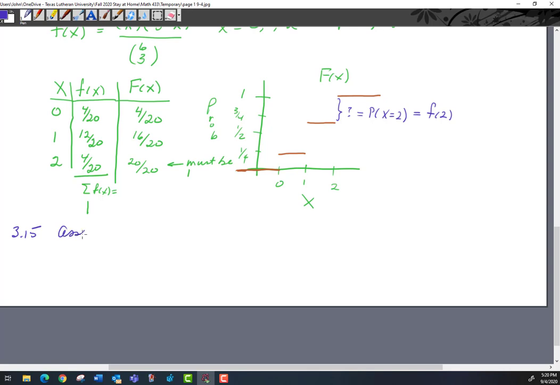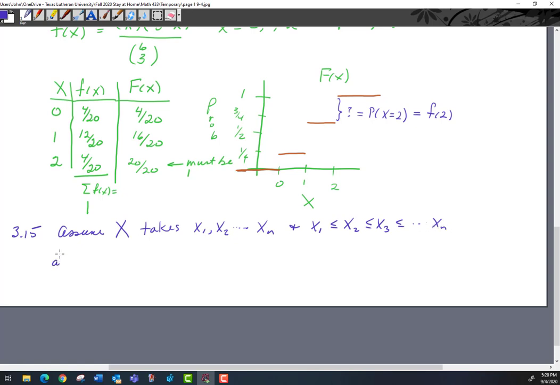Assume the random variable x takes x1, x2 through xn, and also assume, if you've got these values it takes, you can always arrange them in increasing order. So assume also that x1 is less than or equal to x2 is less than or equal to x3 less than or equal to xn.